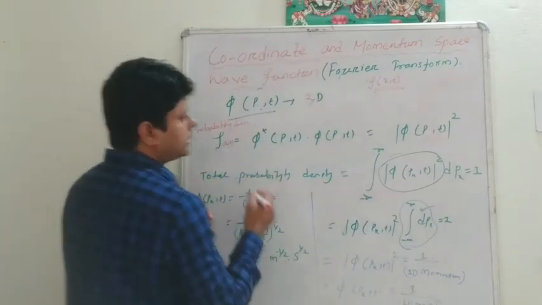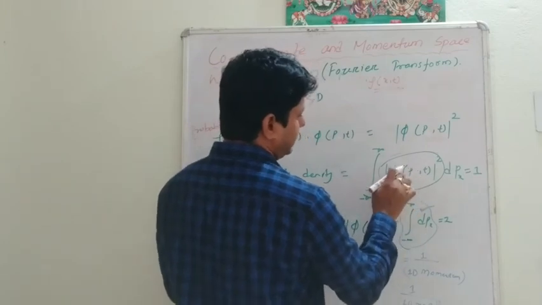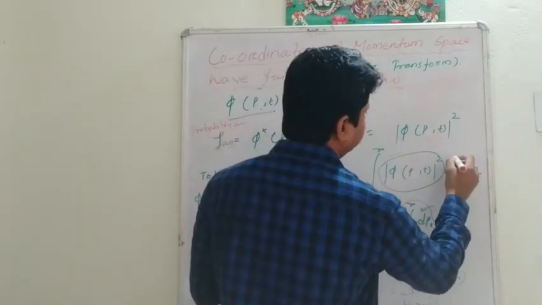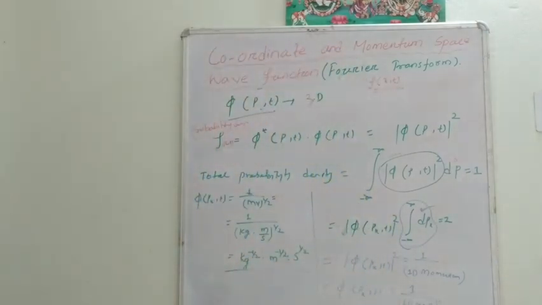And the total probability will be the integration from minus infinity to infinity of |phi(p, t)|² d³p, which will be equal to 1.